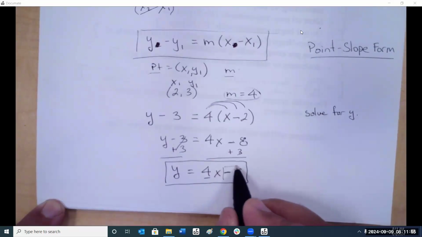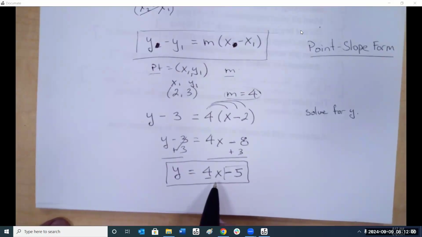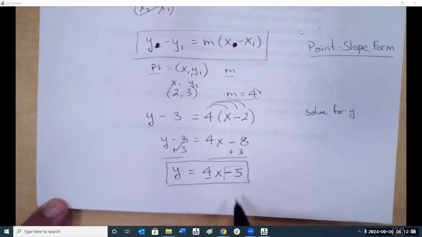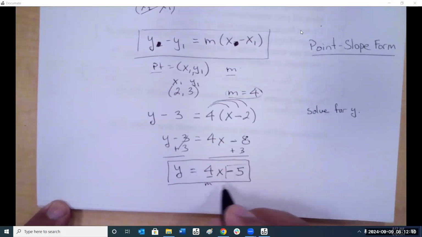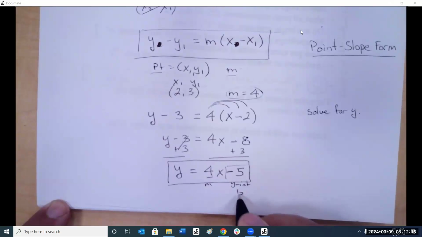And negative 5, if we set x equal to 0 and solve for y, we get the y-intercept. So the y-intercept is negative 5. This is m, and this is the y-intercept, which we call b.